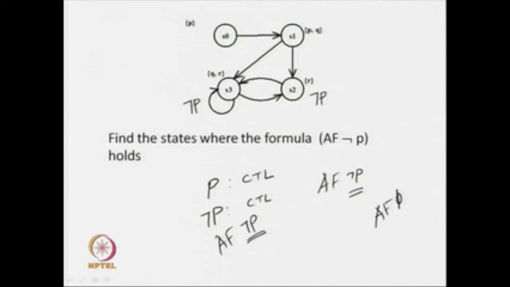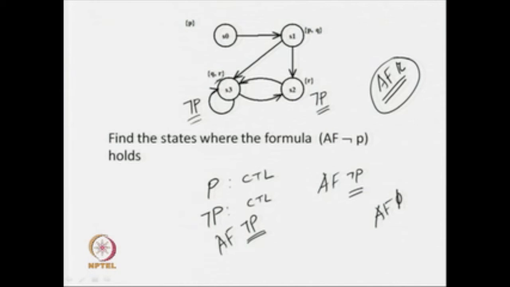Now, you just see that I have already analyzed this particular formula: in all paths, in future, R is true or not. When we analyzed this formula, we found that in all those states AF R is true, because in future we are going to get one state where R is true. So, this is the same behavior we are going to get. Say in S2, R is true, similarly not of P is also true. In S3, R is true, here also not of P is true.